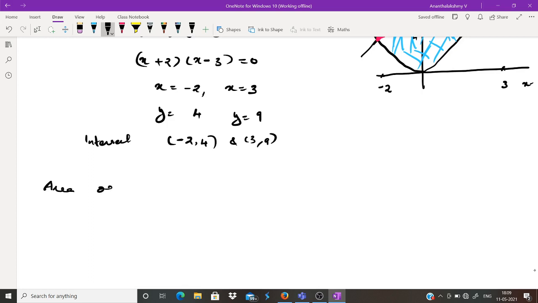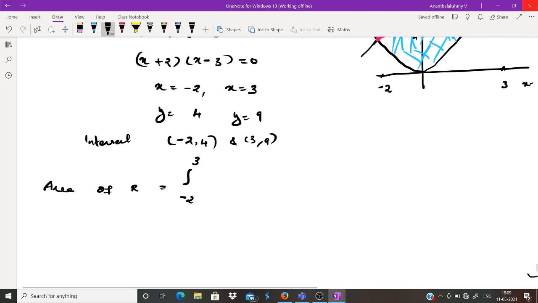Area of R equal to the integral, with x limits from -2 to 3, because the function is given as a function of x.